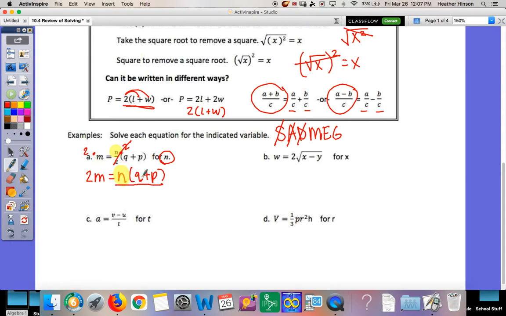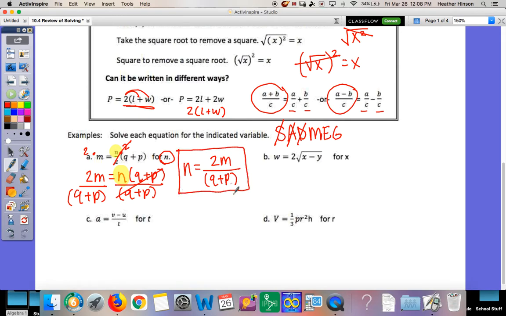You can divide out this entire parenthesis all at one time. That'll cancel it out and move it to the other side. That'll leave you with n, and just bring this over. Don't change anything about it. You have 2m on top, and you're dividing by that big old parenthesis. n's finally by itself, so this is our last step.